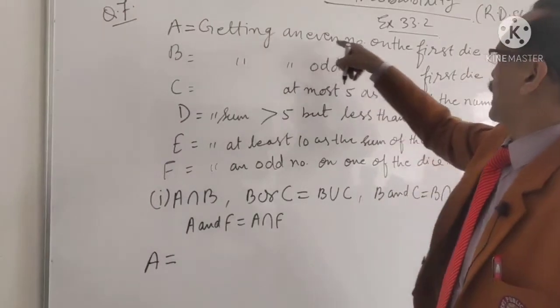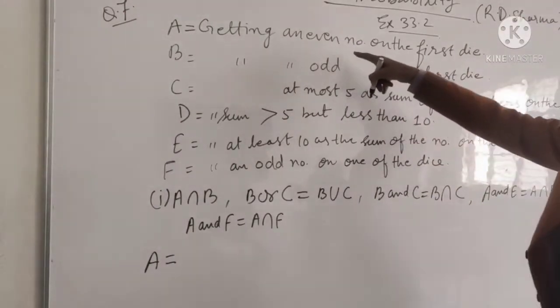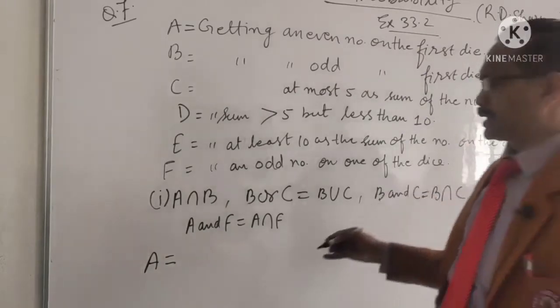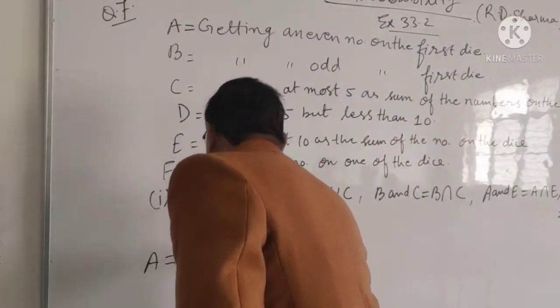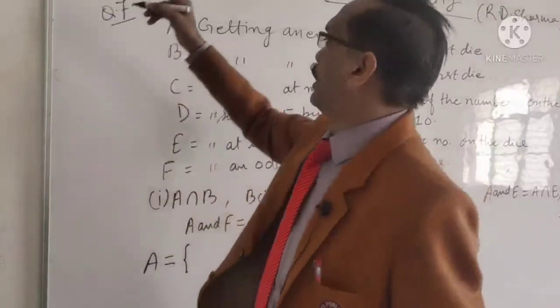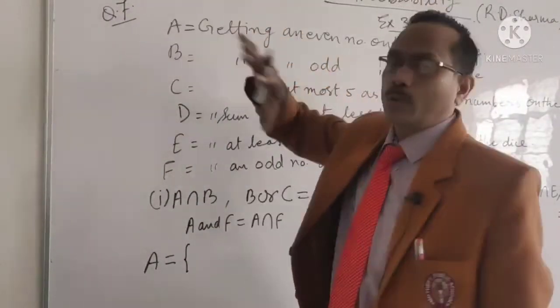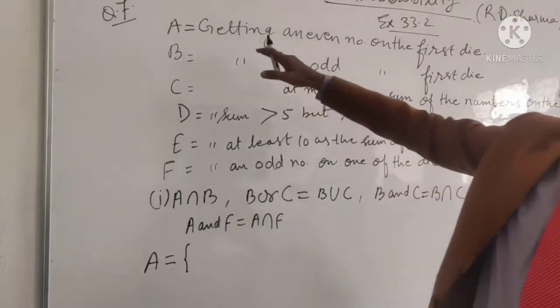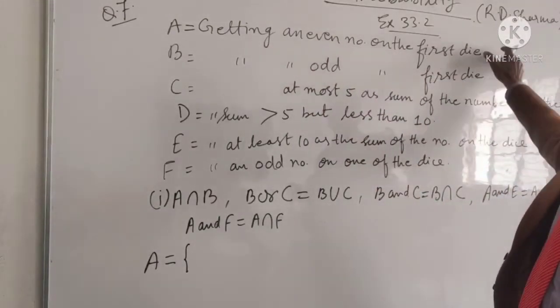A is getting an even number on the first die.